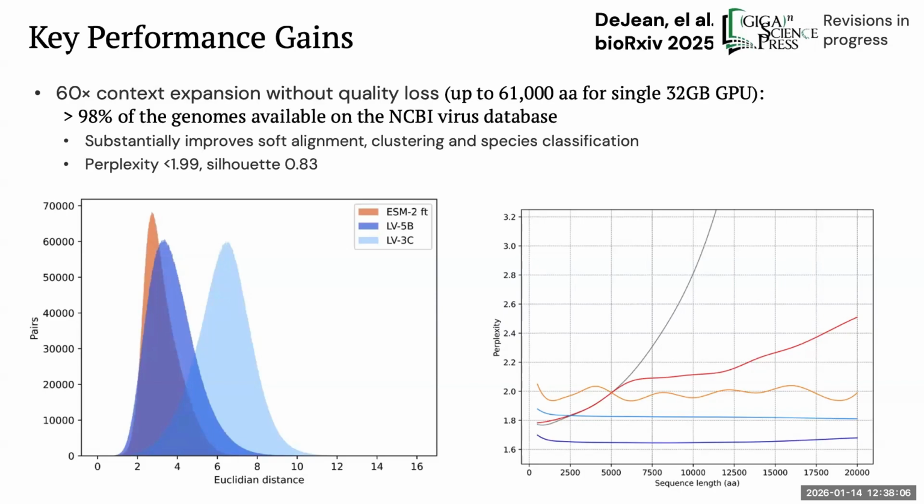What was really surprising is how we were able to improve the quality of soft alignments by doing this too. So it turns out that if you use the traditional ESM2 and you compare any two amino acids and see how similar they are, the comparison results in a score between 0 and 1.